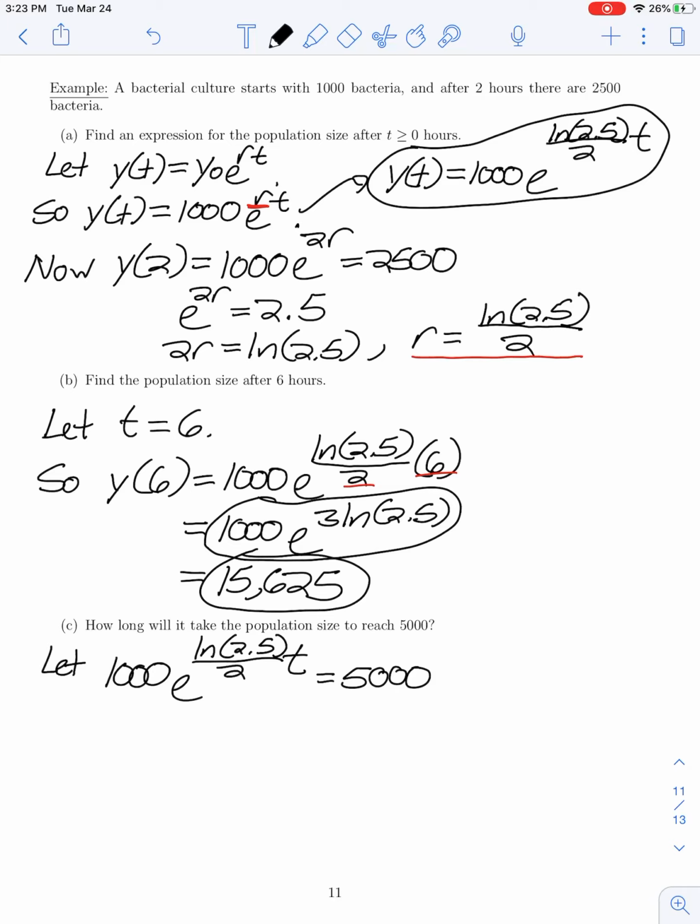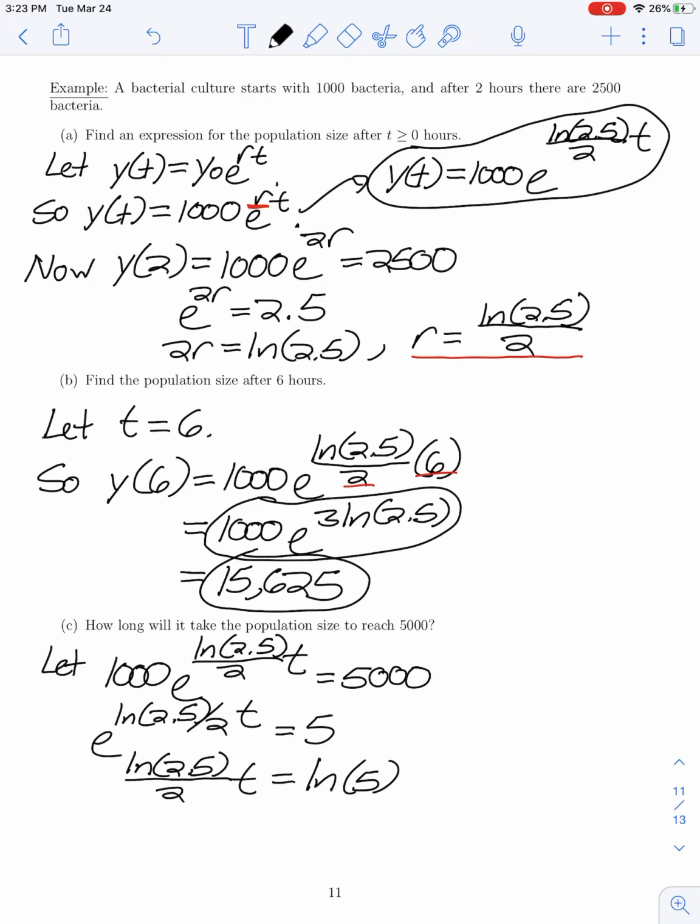And now to solve for t, we could start by dividing both sides by 1,000, and we have e to the natural log of 2.5 over 2 times t is equal to 5. Taking the natural logarithm of both sides, we find the natural log of 2.5 over 2 times t is equal to the natural log of 5.